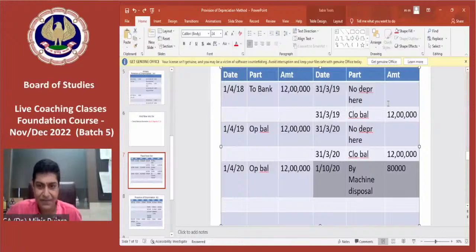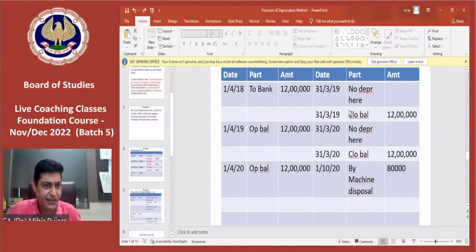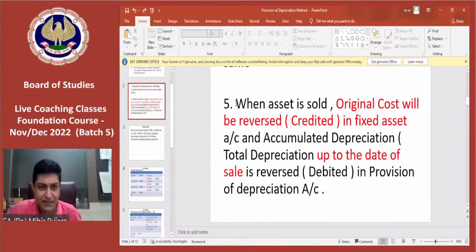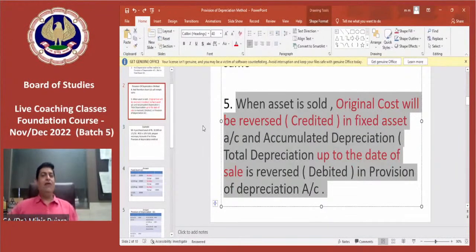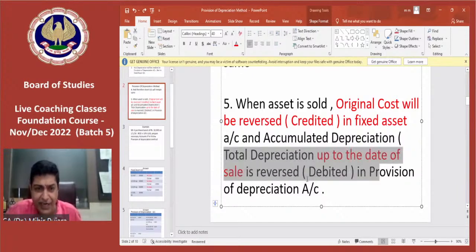Now, what does the rule say? The rule says that when you sell the asset, original cost should be given in the asset account and accumulated depreciation, that is total depreciation up to the date of sale.